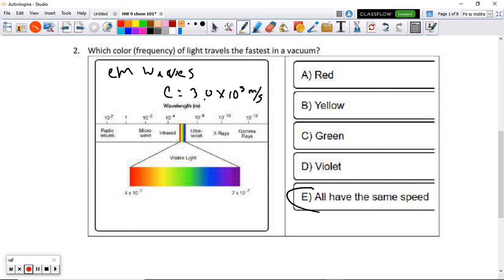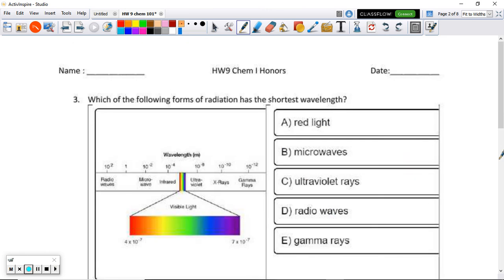So that means E, all have the same speed. Moving on, number 3. Which of the following forms of radiation has the shortest wavelength? So we already said that wavelength decreases as we move this way. So the shortest wavelength is going to be gamma.